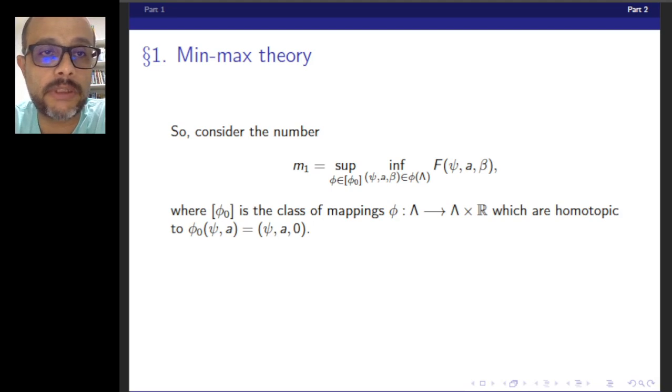The number m1 is equal to the sup of the inf of the function f in a special class of maps. This sup is taken on the class of maps which are homotopic to this explicit function phi naught. Phi naught is just the inclusion of the lambda manifold in the cylinder.